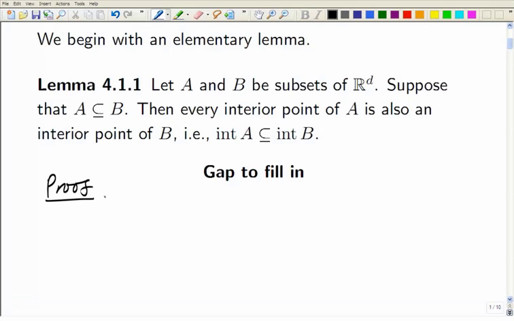What we have to do is take a point in the interior of A and prove it's in the interior of B. So we let X be in the interior of A, and we have to prove that X is in the interior of B.